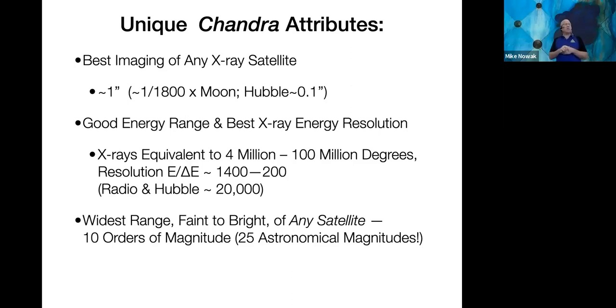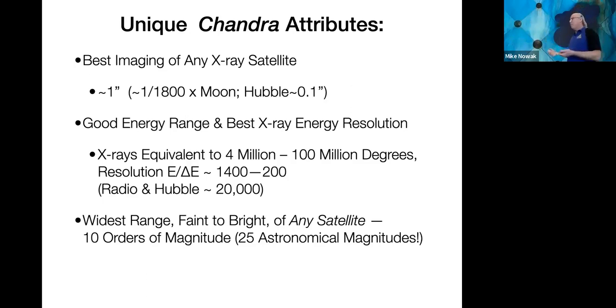And the other interesting thing is that it does the widest range from faint to bright sources of any satellite in any wavelength that has ever been flown. It can see 10 orders of magnitude in terms of the range of brightnesses of sources on the sky. We measure single photons coming in at a time to very bright sources.